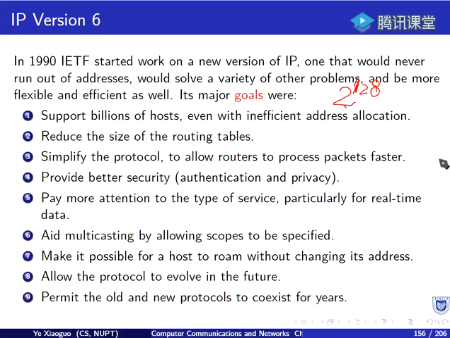Pay more attention to the type of service, particularly for real-time data. Aid multicasting by allowing scopes to be specified. Make it possible for a host to roam without changing its address. Allow the protocol to evolve in the future. Permit the old and the new protocols to coexist for years. These were the design goals of IPv6.